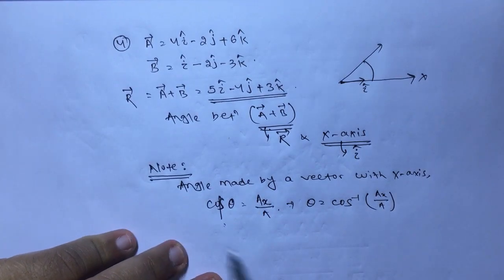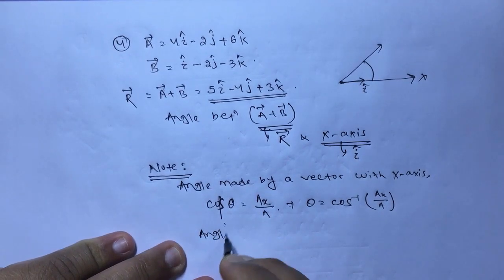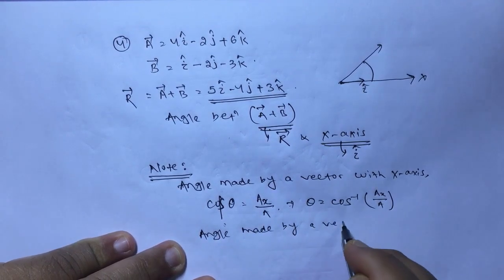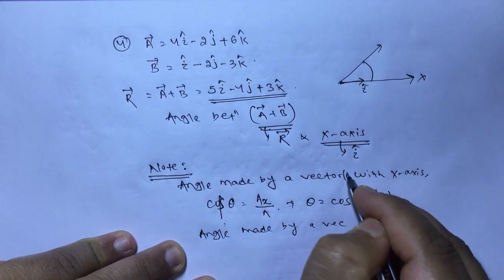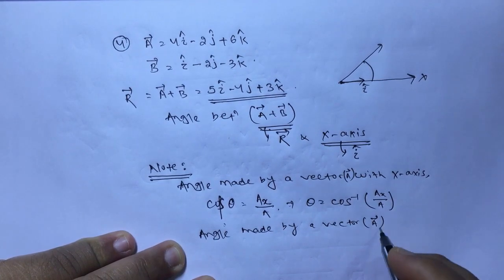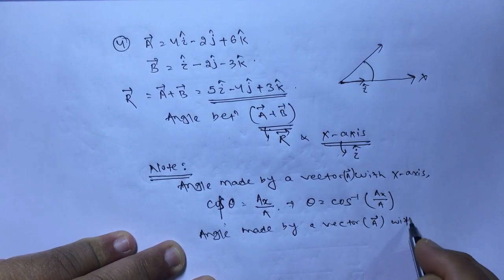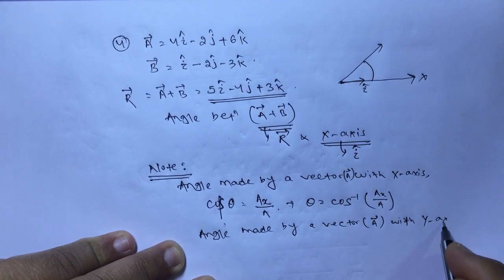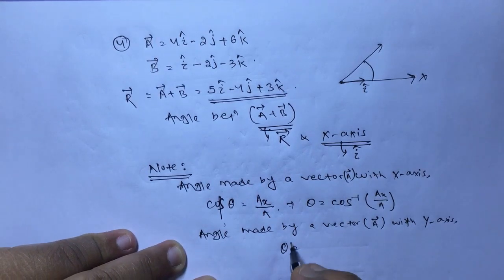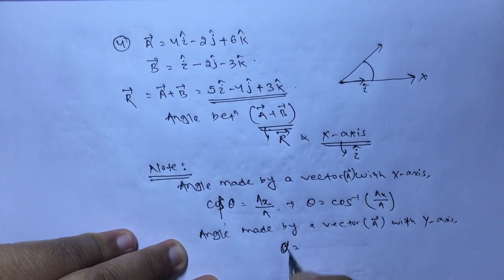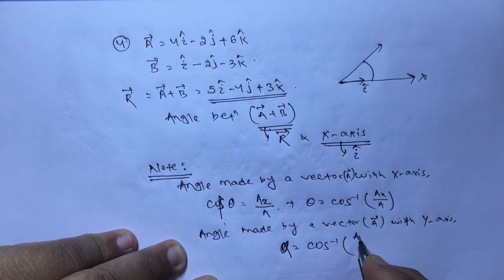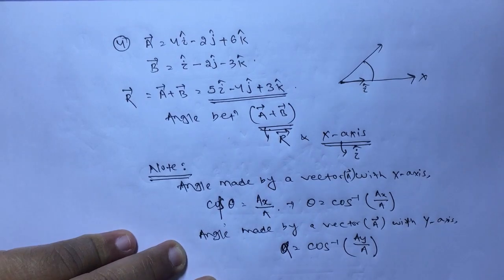Similarly, if the angle made by A vector with y axis, exactly in the same way, let it be alpha, alpha will be equal to cos inverse of ay by a.